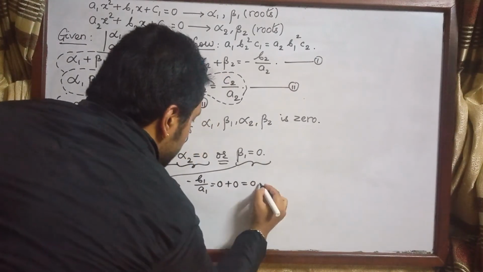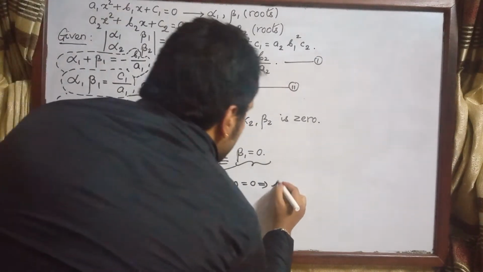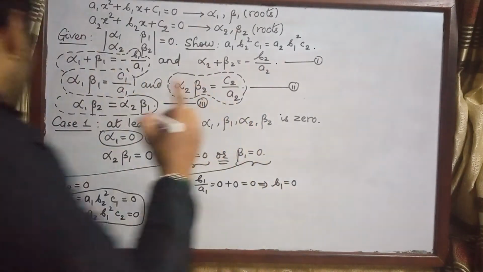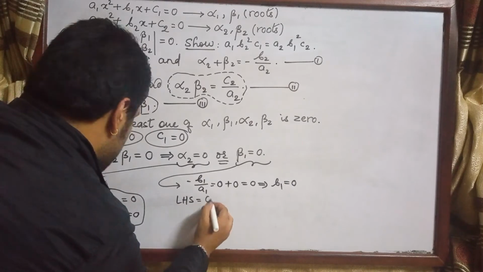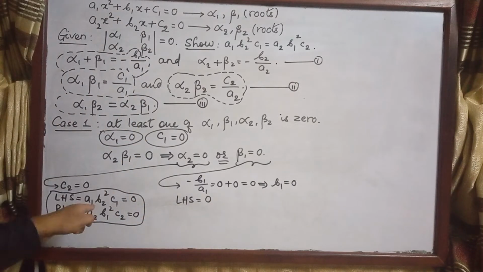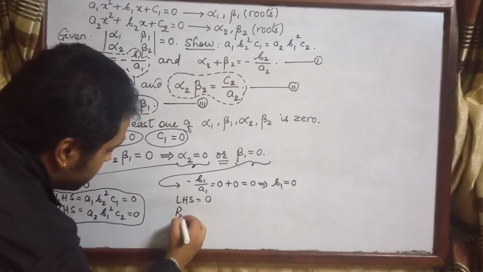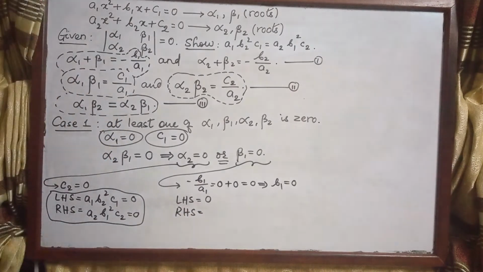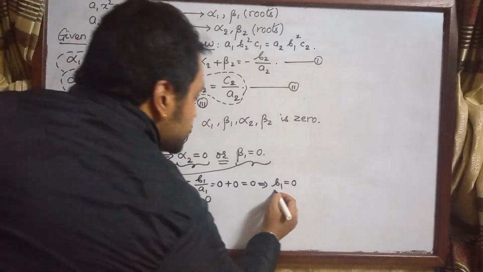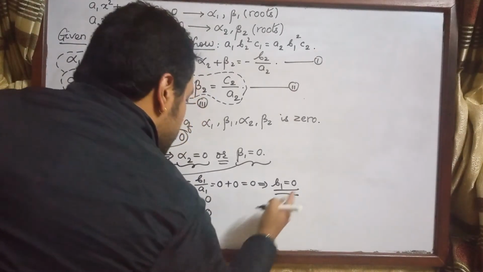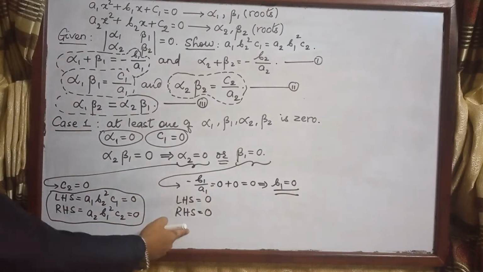So from here we get b1 equal to 0, and therefore LHS is 0 because c1 is equal to 0, and RHS is again 0, but not because c2 is equal to 0. We don't know if c2 is equal to 0 or not, but b1 is 0, so RHS is again 0.